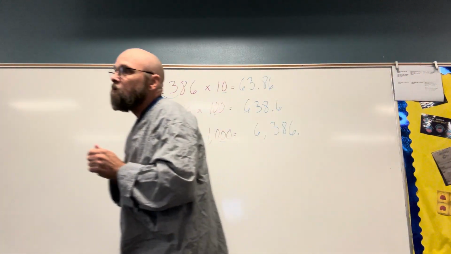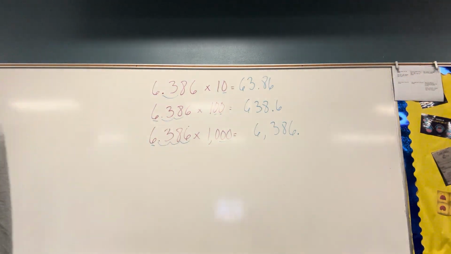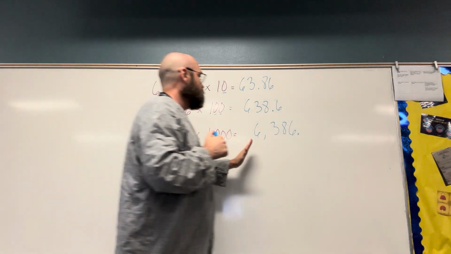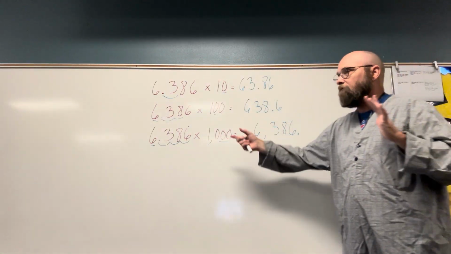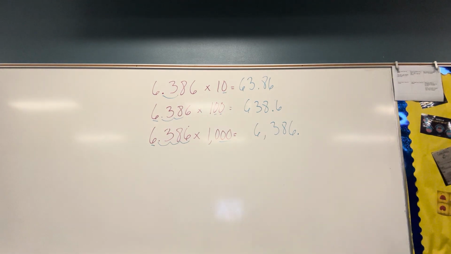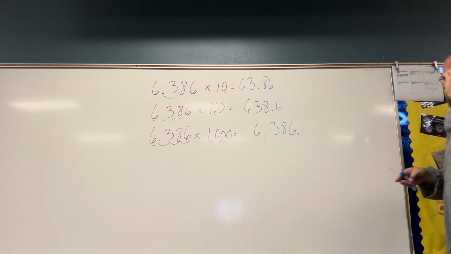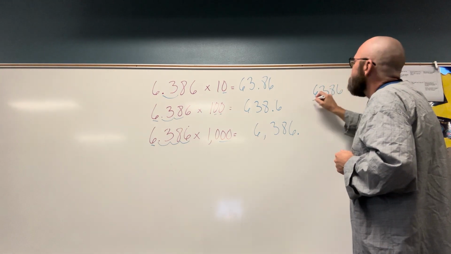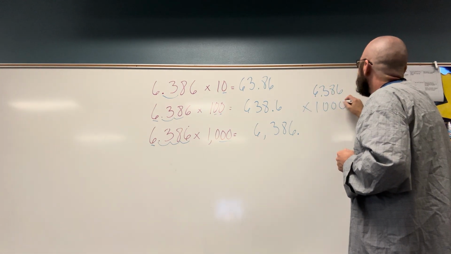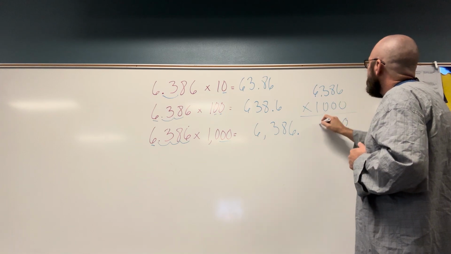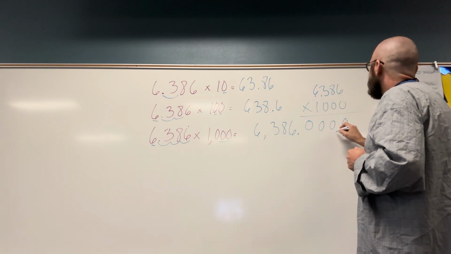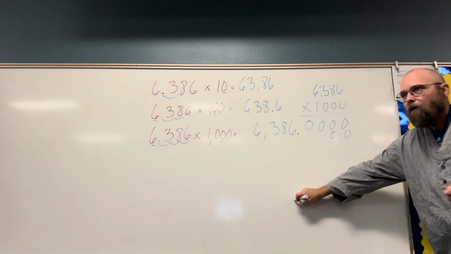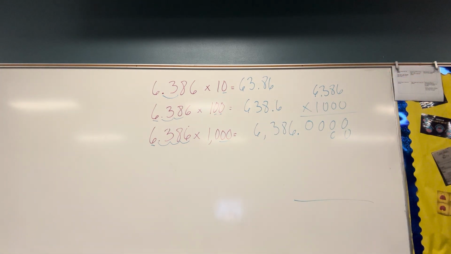Now let's talk about some common errors that I've seen throughout my time. Sometimes I see people just adding zeros in the middle of it. Sometimes I see people going 6386 times 1,000, then I get 0, 0, 0, and they do this whole thing that goes way down to here, and it's mostly zeros.